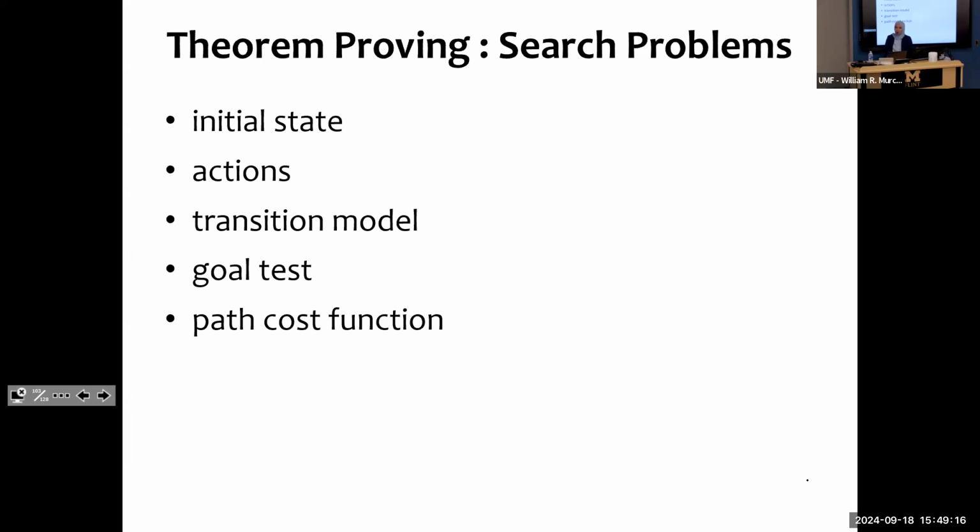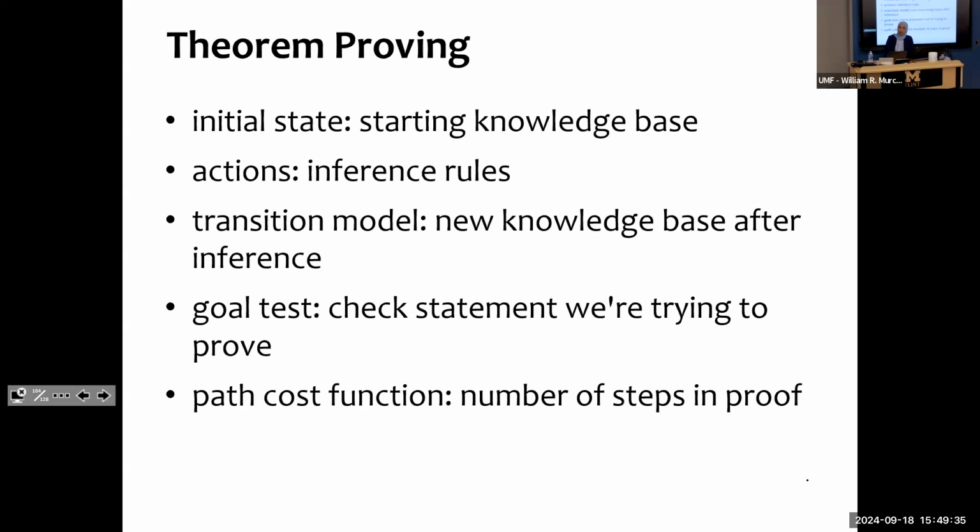What we are dealing with now is theorem proving. We still have the agent, the same entity that perceives its environment and acts accordingly. But here we need to do some mapping between search problems and the theorem proving we are discussing right now.